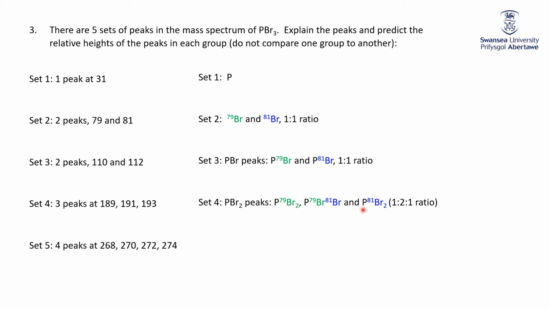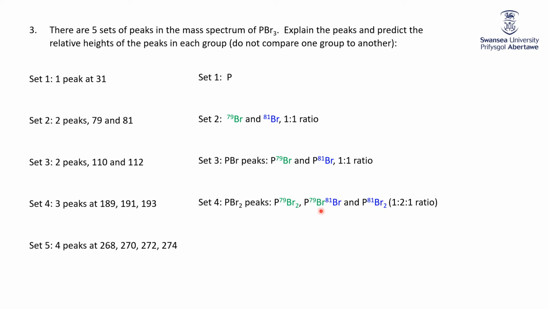Now, why would this be a 1 to 2 to 1 ratio? Well, because of the normal type of splittings that you get, the normal type of ratios, the normal type of probabilities, however you want to think about it. For this 79 Br2, both of them are 79. So the first one is 79, the second one is 79. For the 81 Br2, both of them are 81. So the first one's 81, the second one's 81.